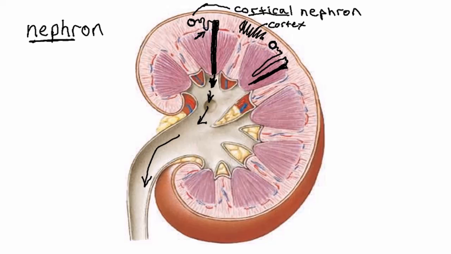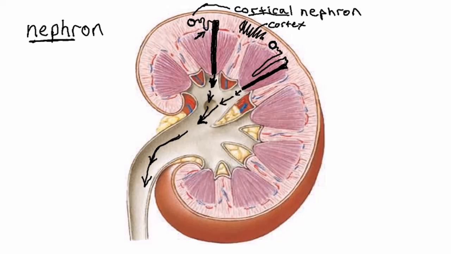The collecting duct goes all the way down to the point of the pyramid, empties out into the minor calyx, that merges into the major calyx, which merges into the renal pelvis, and once again it goes down the ureter into the bladder.